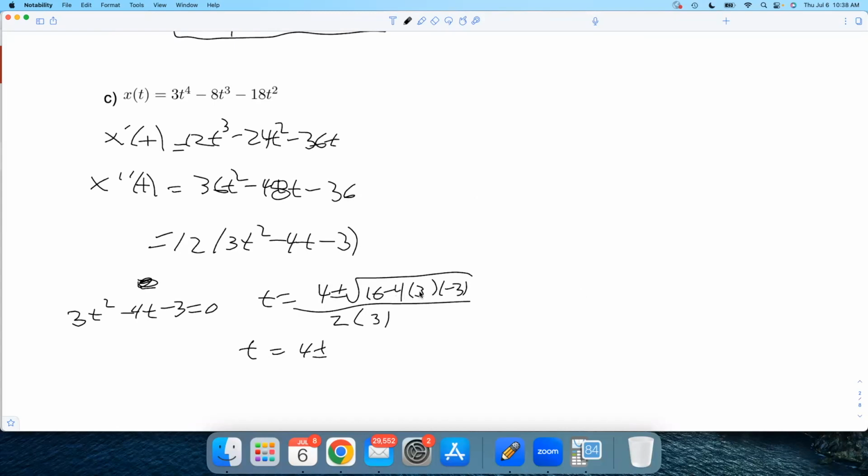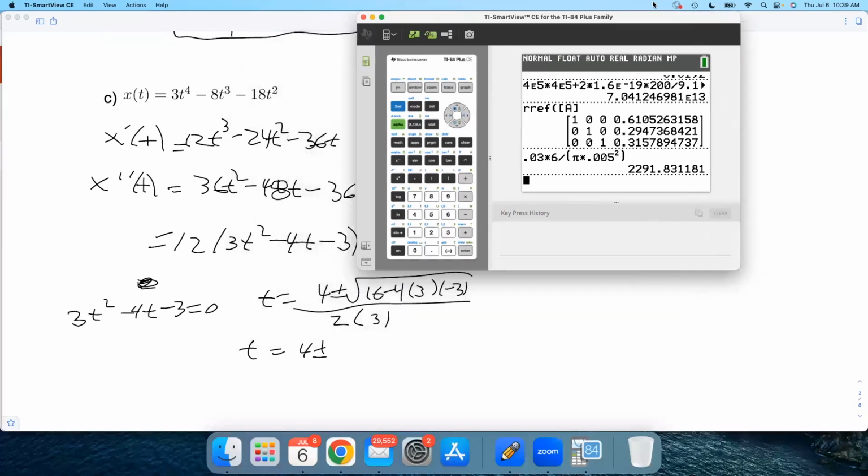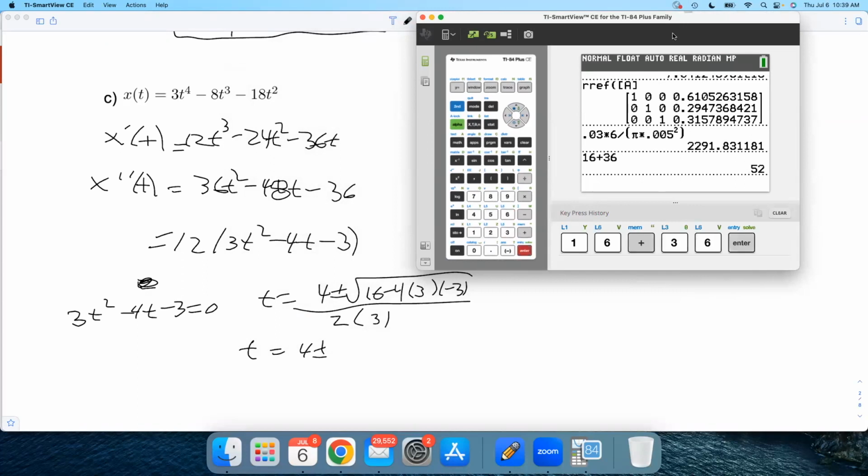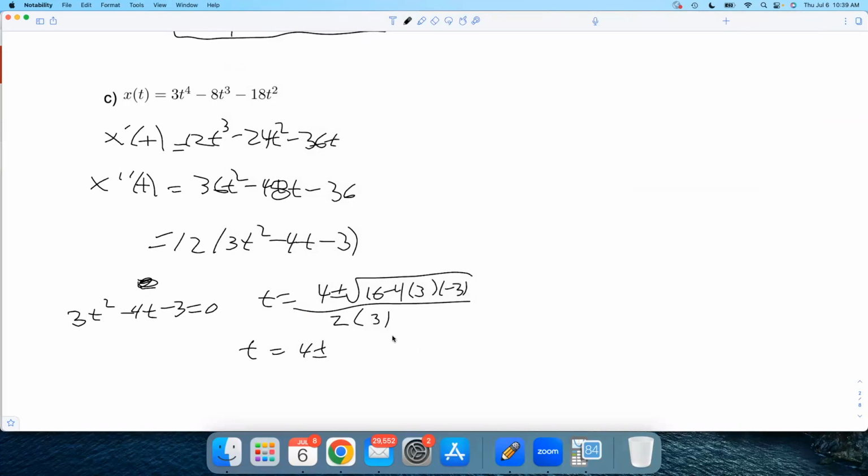That'd be 12 times 3. So 16 plus 36. Just type it in. 52, all over 6.